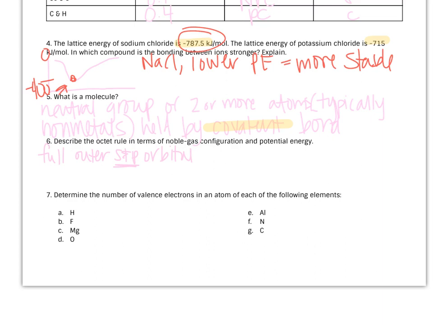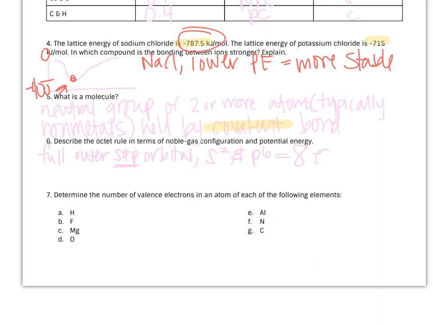And if we did the electron configuration for a noble gas, they'd have obviously a full S and P orbital. How many electrons are in the S orbital? 2, and then how many in the P? 6, for a total of 8 valence electrons.